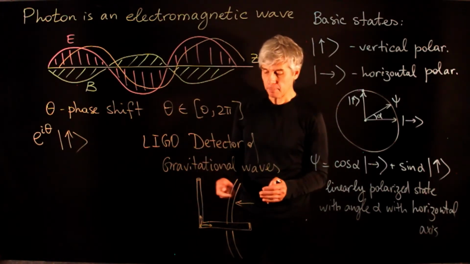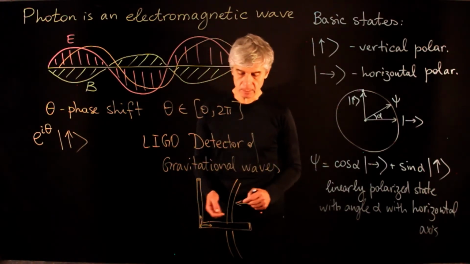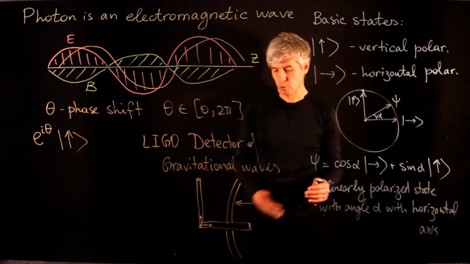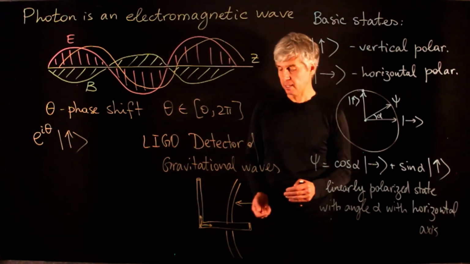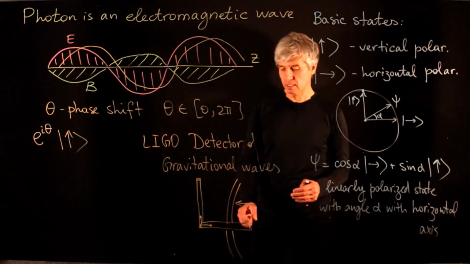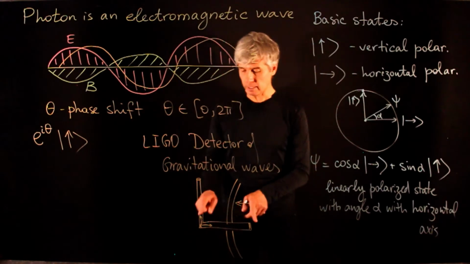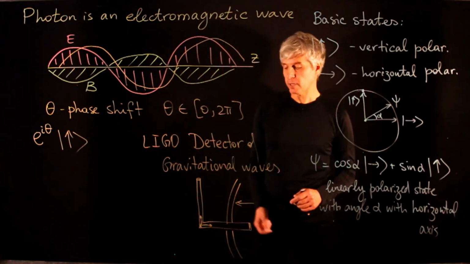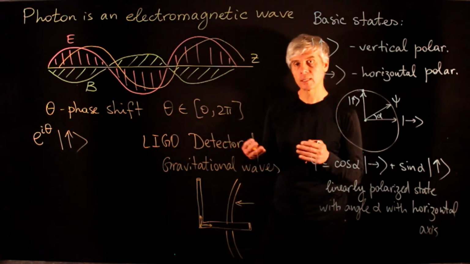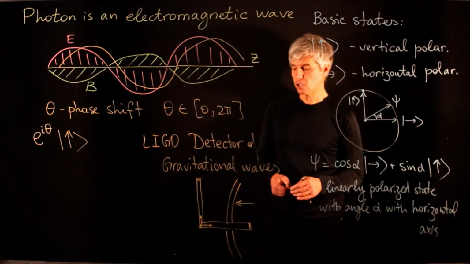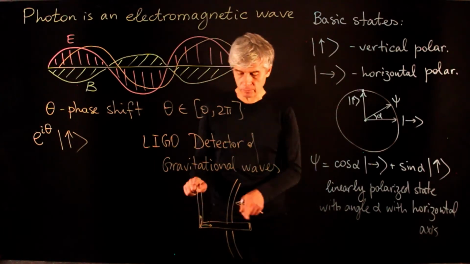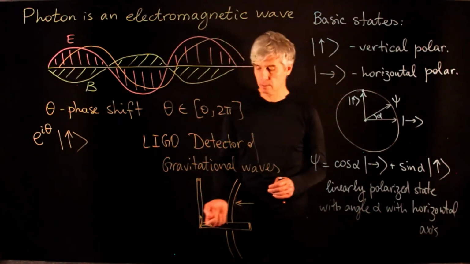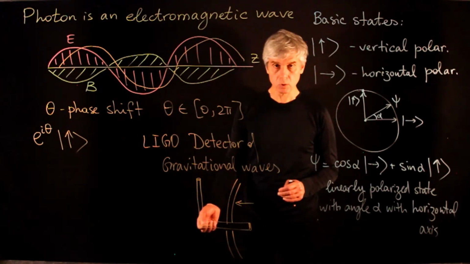And so if a gravity wave passes in a direction transversal to one of the legs, these two beams will return to this point out of phase. Here you have an interferometer, and so you can measure the relative phase shift of these two beams.